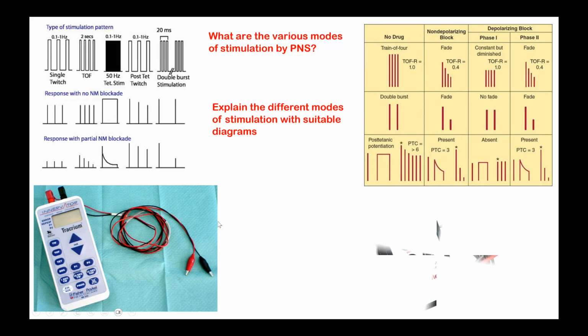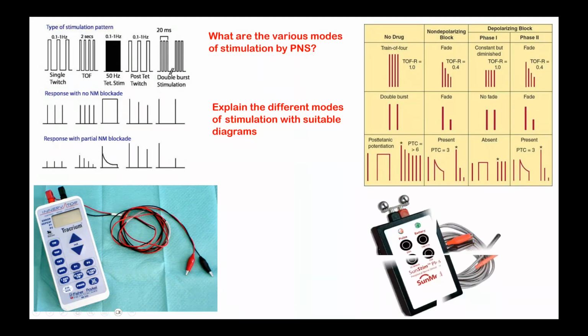Okay, and I'll show you the other type. This is called the ball electrode. Okay, these two are the ball electrodes, one red and one black, and this can be directly pressed on the ulnar nerve. And this is the same crocodile clip electrode, so you can remove this and insert this whenever you need.